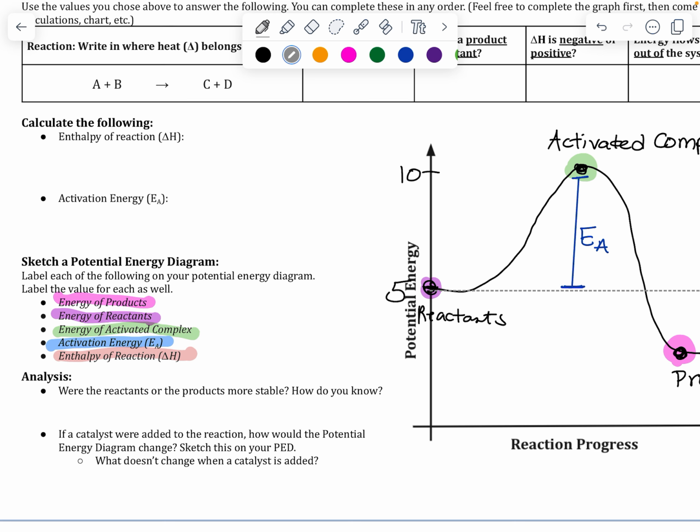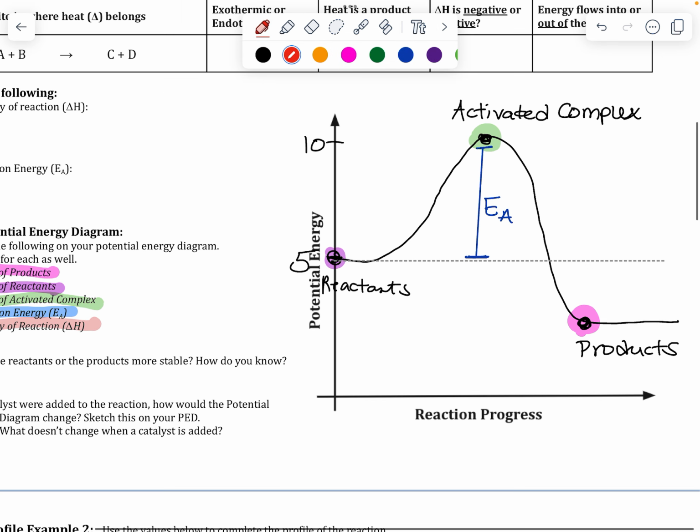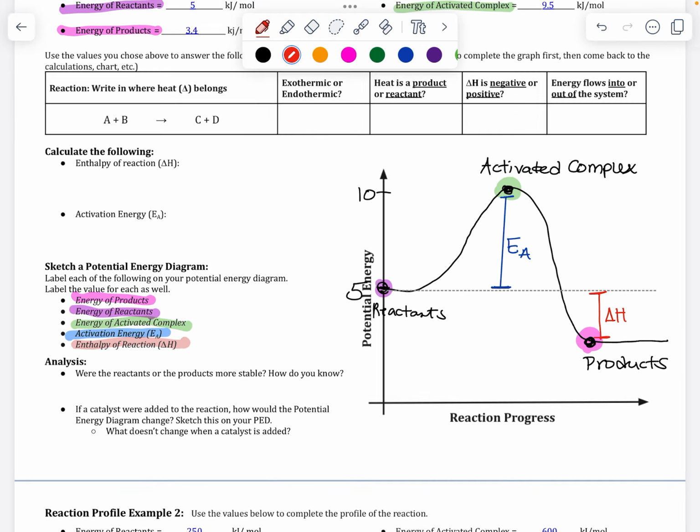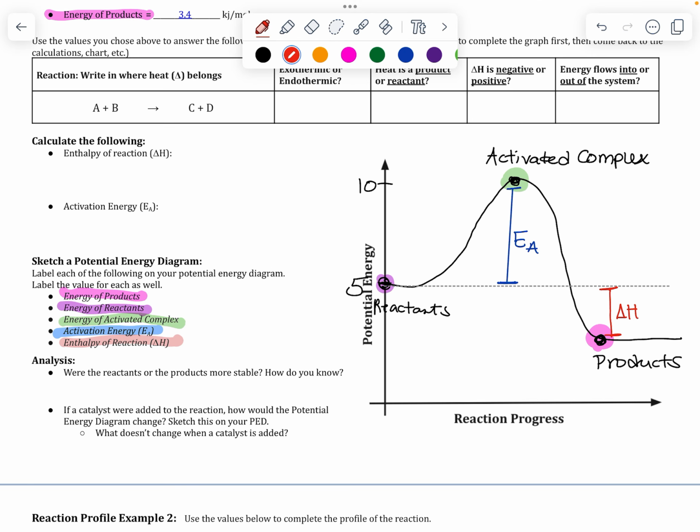That enthalpy of reaction is from our reactants to our products. In this case, our reactant line is above, so that delta H enthalpy of reaction is going to be below. And we can anticipate that that's going to be a negative because products are below where those reactants are. So I have those on my graph.